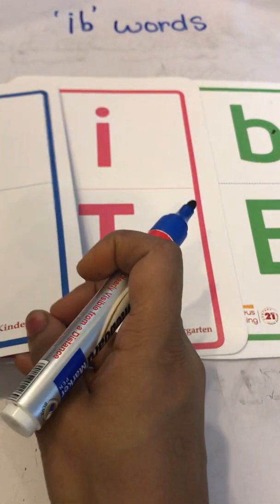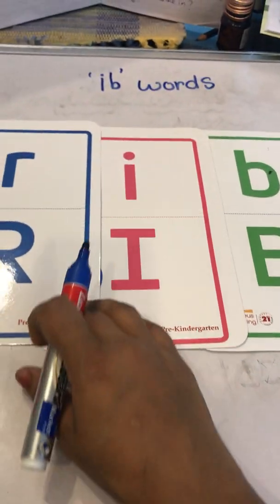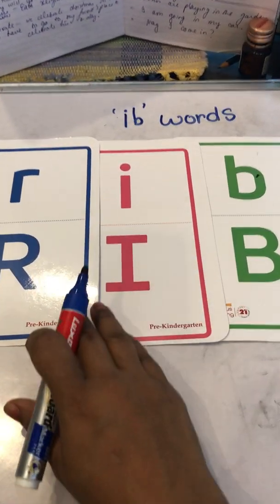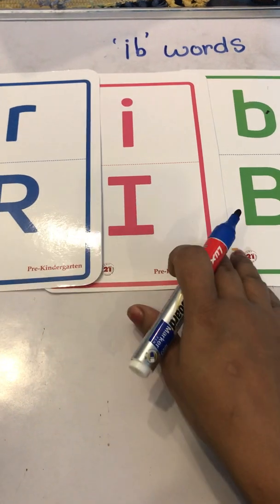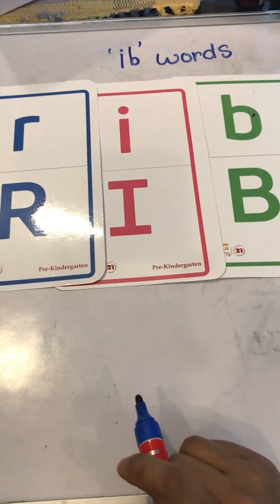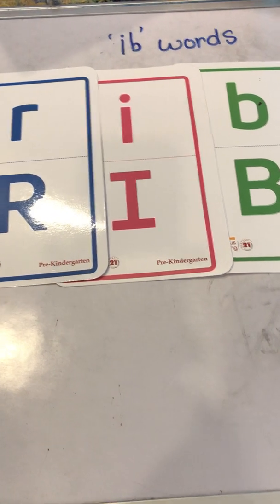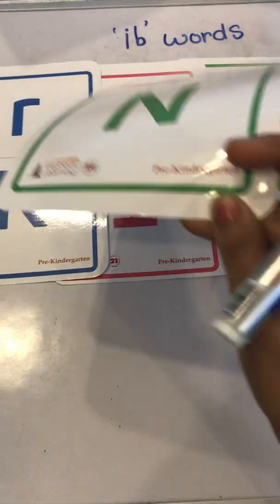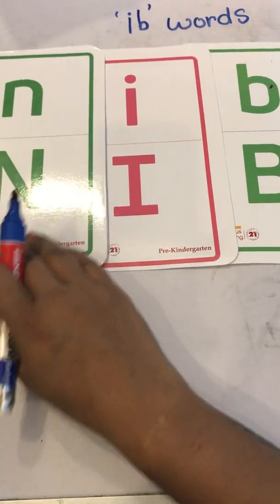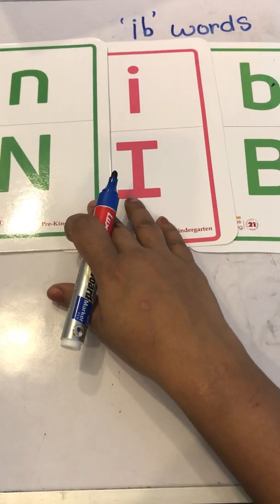Now I will add r here. See? R, ib, rib. Now if I add one more flashcard, n, ib, nib.